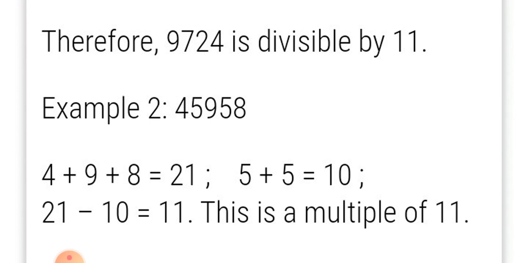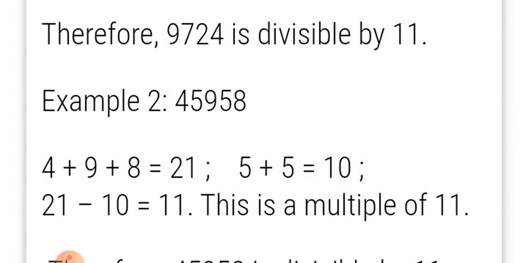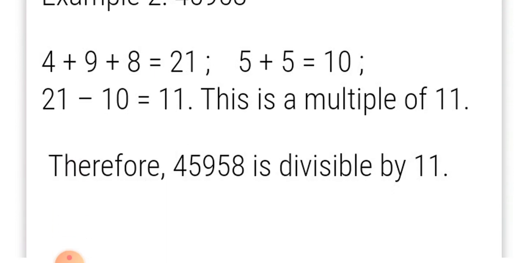If this difference is 0, then it is also divisible by 11. And if you get a multiple of 11, then also it will be divisible by 11. Clear children? This is the divisibility rule of number 11. So here we can conclude. Therefore, 45,958 is divisible by 11.